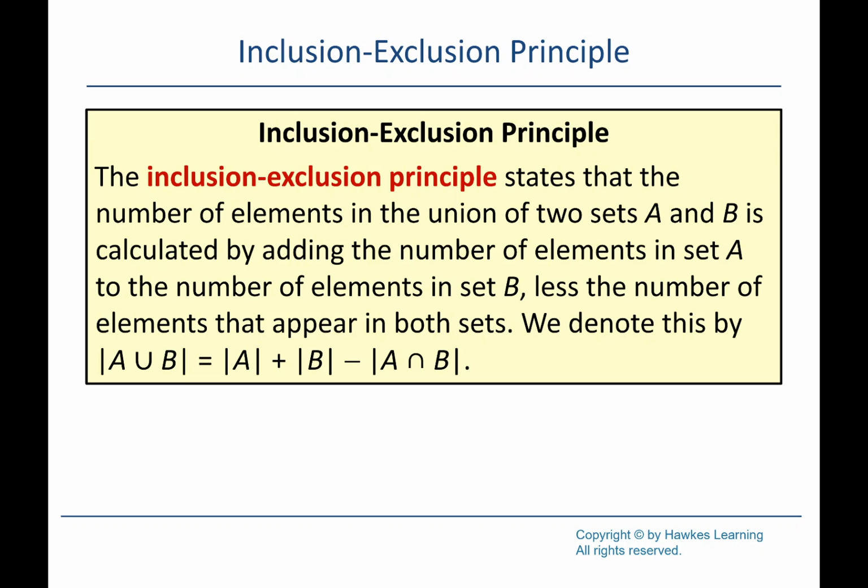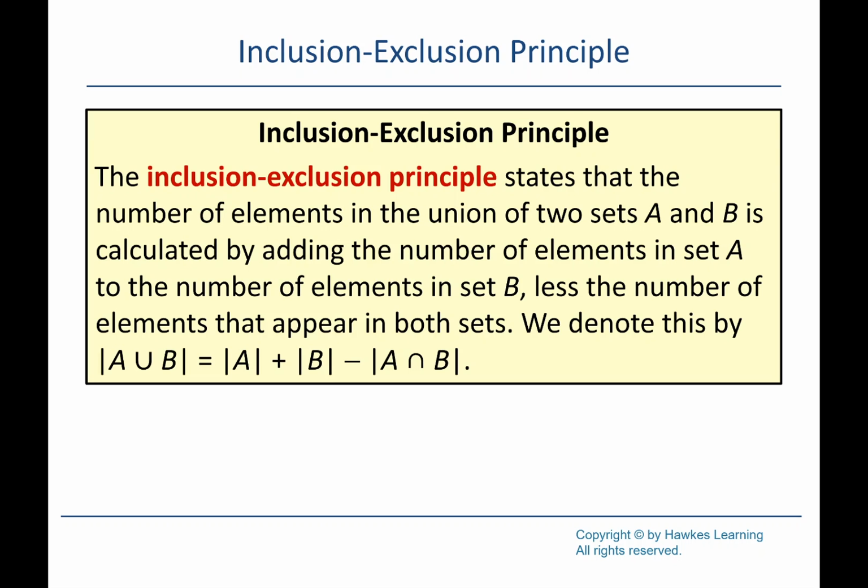All we're concerned with in this principle is how many elements each set has. So the inclusion-exclusion principle comes into play when you want to know how many members are going to be in a union. So this is the cardinal number of A union B. That's just how many elements are in there.